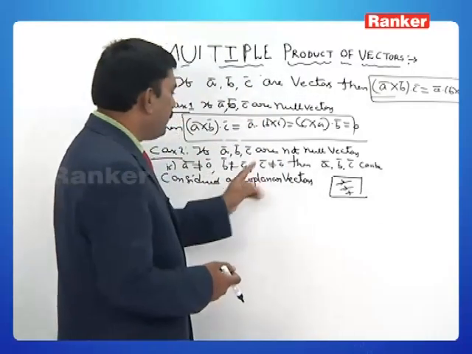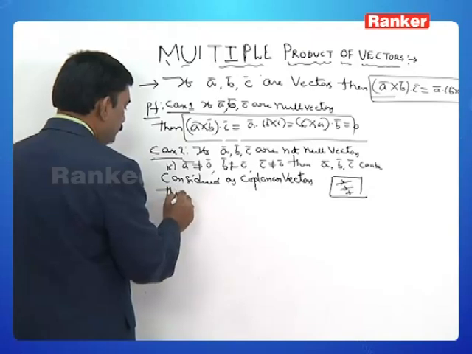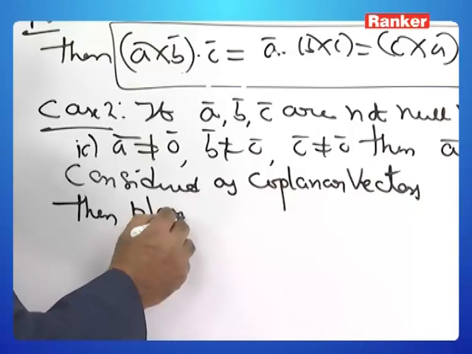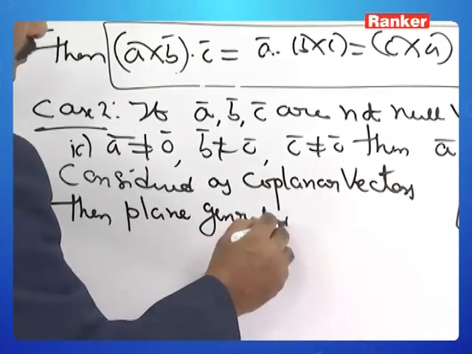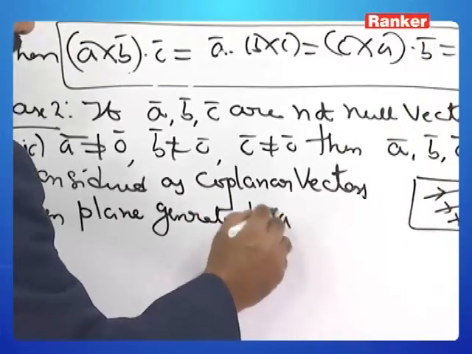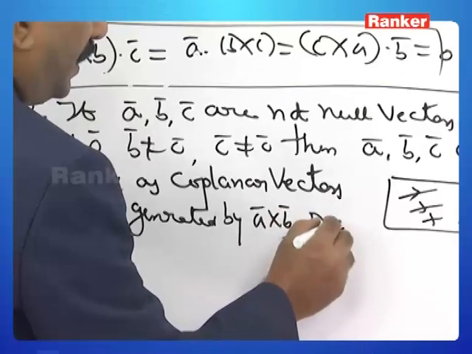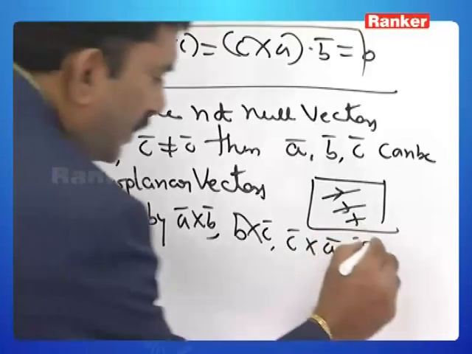Now, suppose they are coplanar. Then the plane generated by A cross B, B cross C, C cross A is the same.